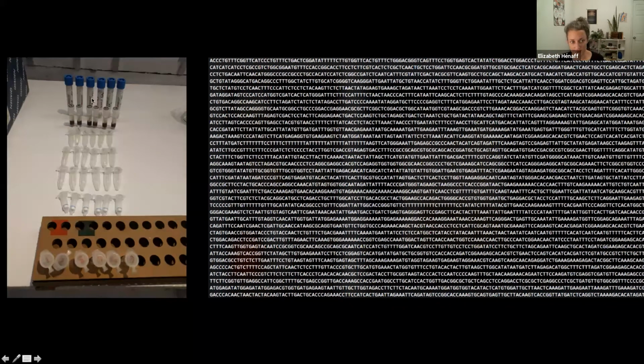On the left in this image, you can see all the tubes that correspond to the different steps that led from the extraction of this biological sample, taken with a swab, to the purified DNA here at the bottom. And then we can sequence that DNA, which generates a digital readout of the physical molecules that we extracted from that biological sample.